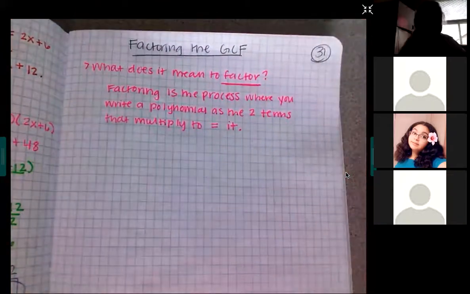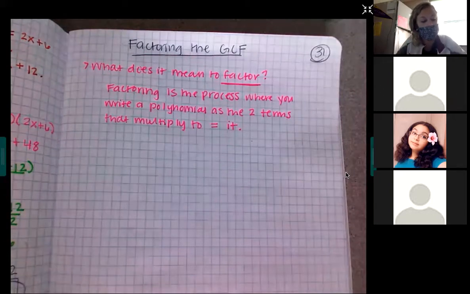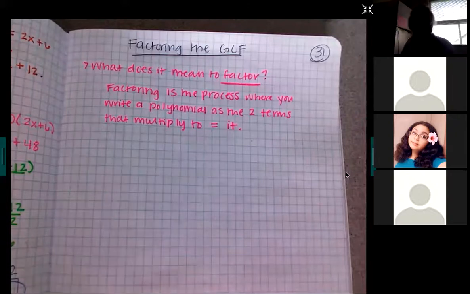That's the shortest way I could word it for y'all. So factoring is the process where you write a polynomial as the two terms that multiply to equal the polynomial you started with.